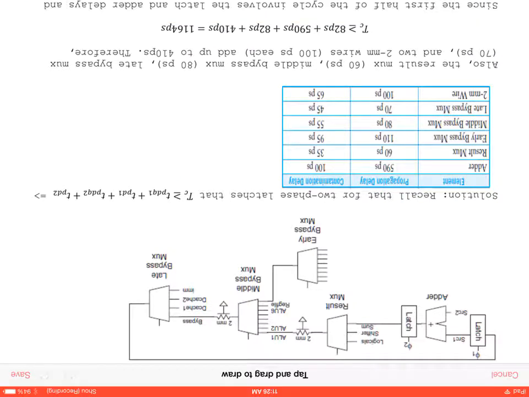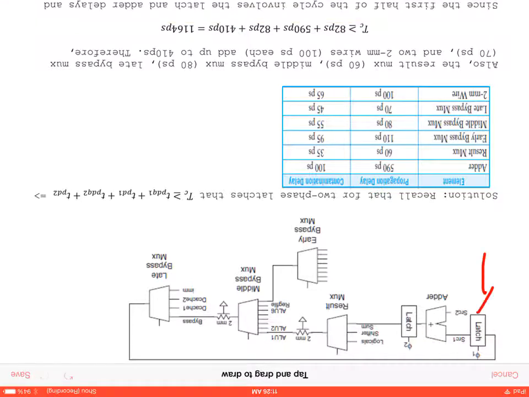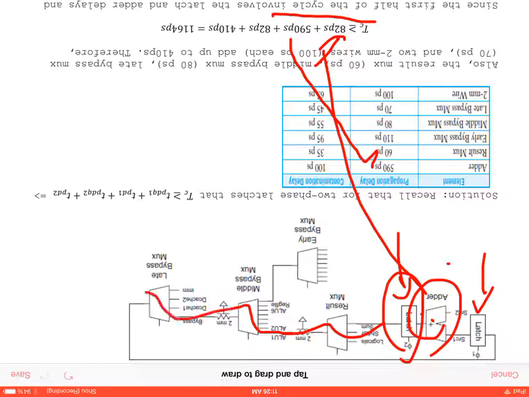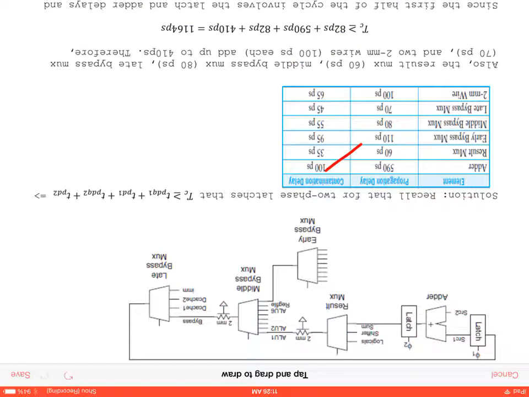We have our first latch, which we'll someday draw. First latch. And the adder is here. So this part of the equation is our D to Q1 for the latch plus 590 picoseconds for the adder, because here's the adder. And then the second latch accounts for the result mux, middle bypass mux, and late bypass mux, 60 picoseconds, and the 2 wires.